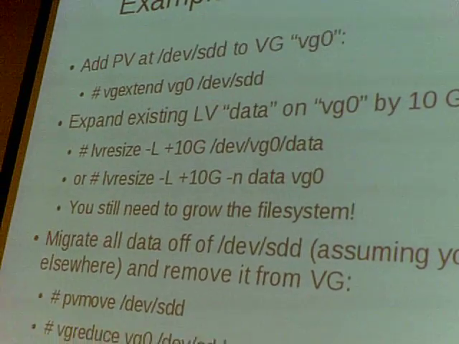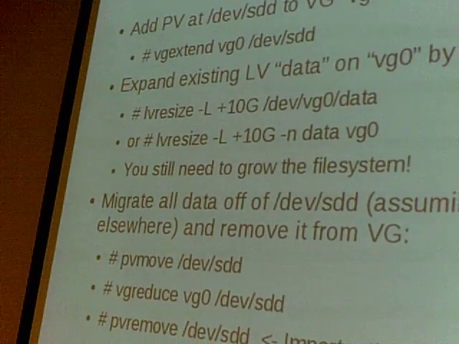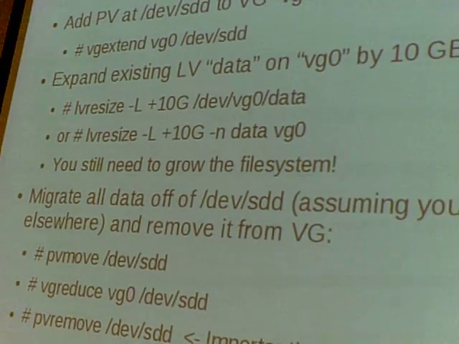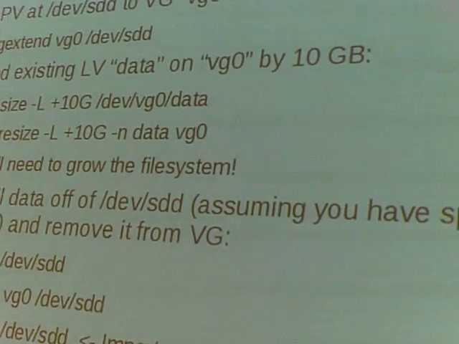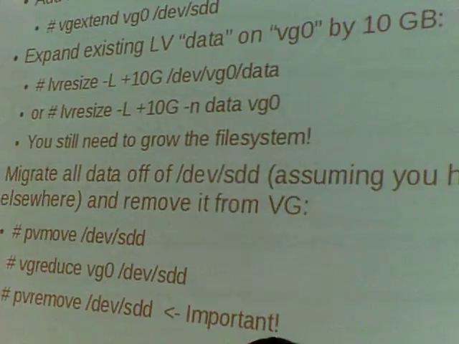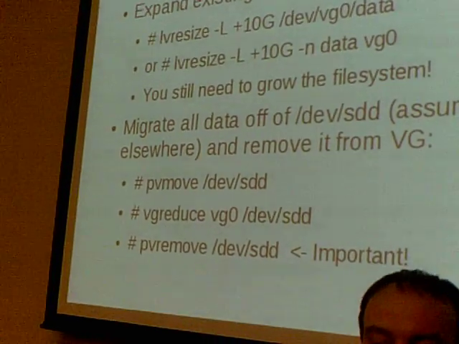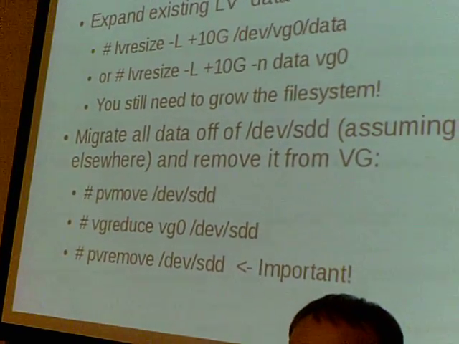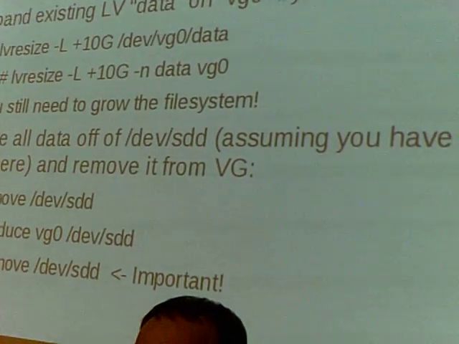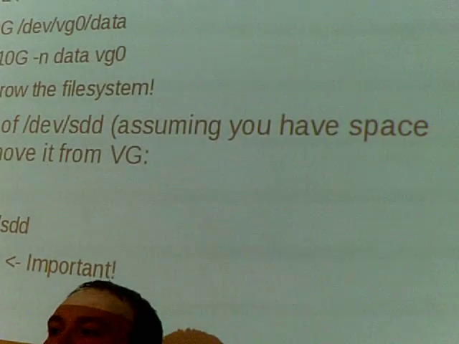And one really nice thing about LVM is when you do the pvcreate, it generates a UUID that it tags every PV with. So a unique identifier that's theoretically never going to be duplicated. And when you add them into the volume group, it keeps a list in the metadata of all these UUIDs.